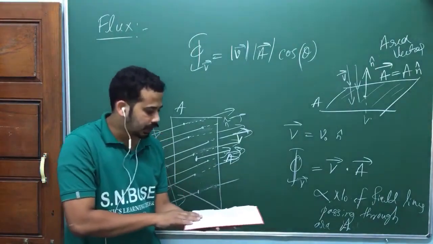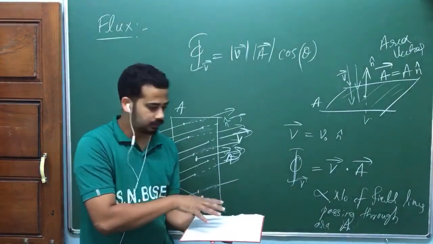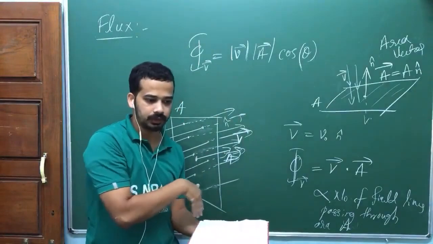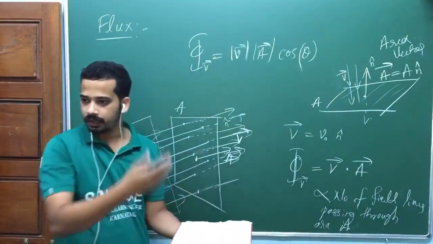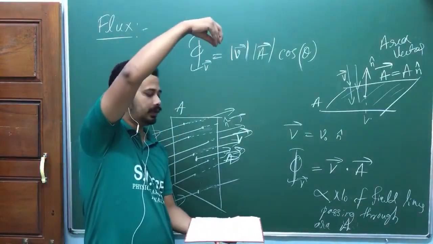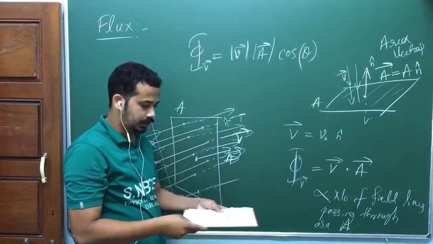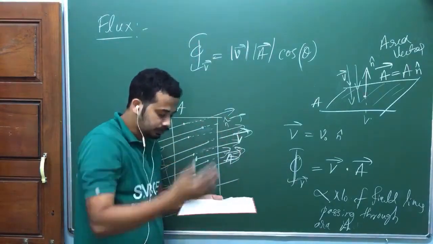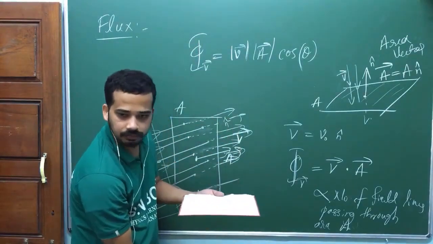Because when you dry your towel like this, more light rays will fall on it. It will heat up quickly and dry out, isn't it? Are you getting my point? So when you have a light source like this, if you hold your area like this, more light rays are passing through it. That's why you will get a large shadow below, isn't it?